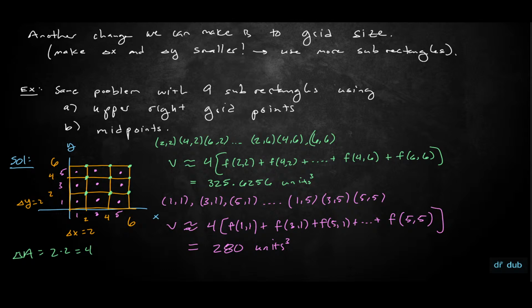So 280 is actually smaller than 286. We had 286 from our midpoints with 4 rectangles. So we're actually getting closer to the volume that we said was 275.02. So midpoints are getting really good, especially when we get to higher numbers of subrectangles. Any questions so far?